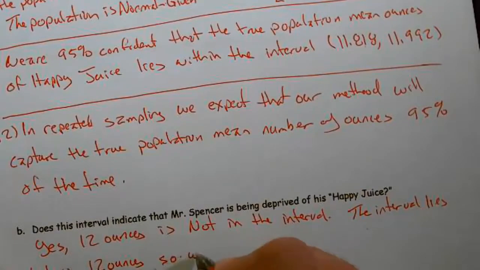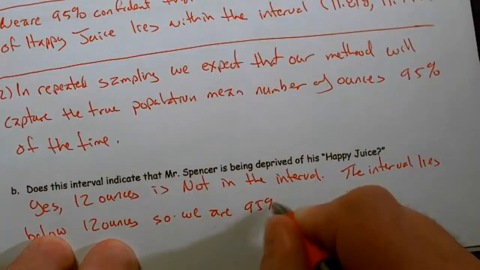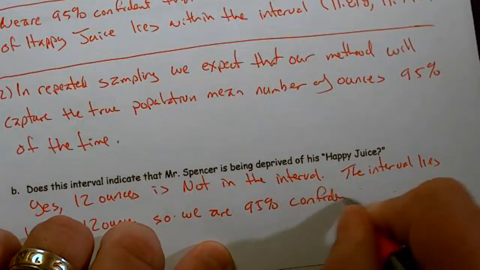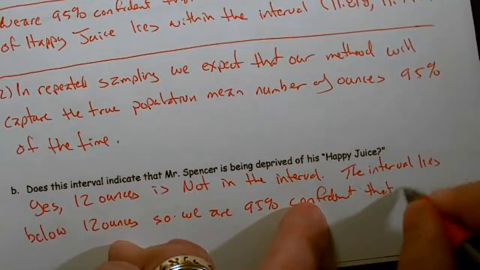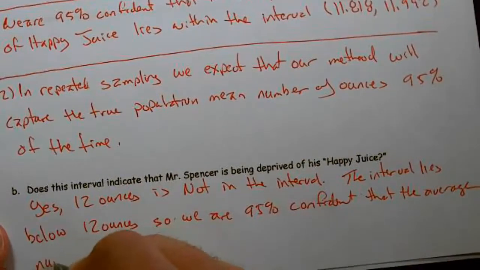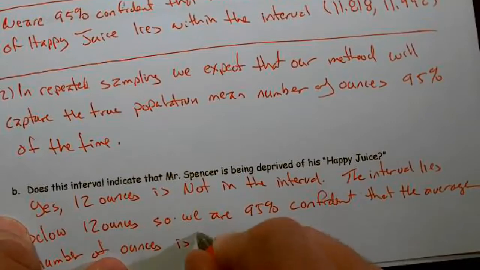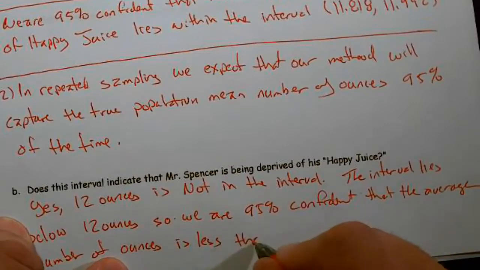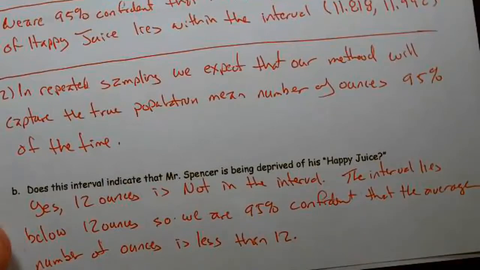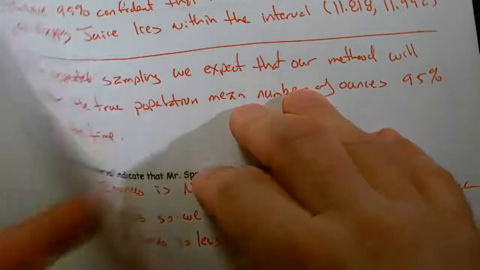So we are 95% confident that the average number of ounces is less than 12. All right. So you need to worry, Mr. Spencer is being deprived his happy juice, and that's going to be a bad thing. All right. Could be a really bad thing for all of you.